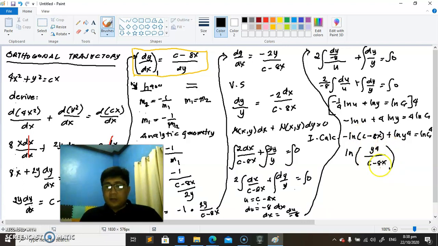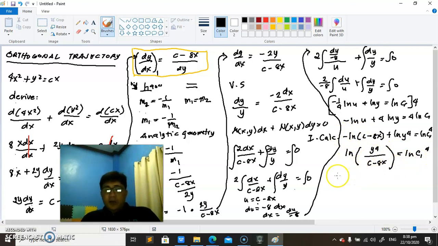If one is positive and the other is negative, the negative one will be the denominator, equals ln c sub 1 raised to the power 4.